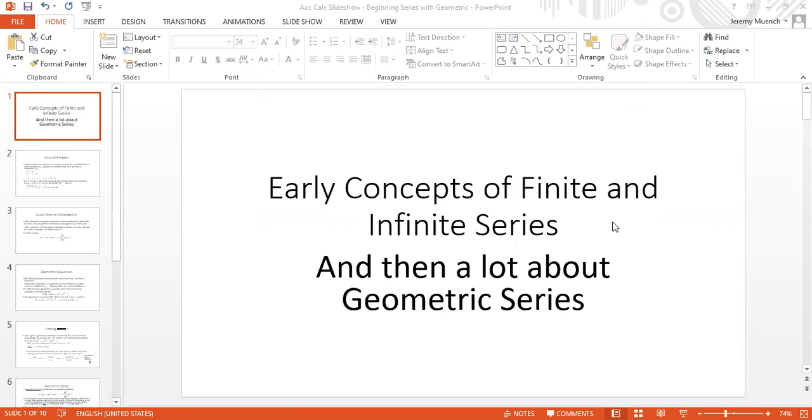Mostly today we'll be focusing on geometric series, which are, I would say, the most well-defined and easy to compute and just generally understood type of infinite series.